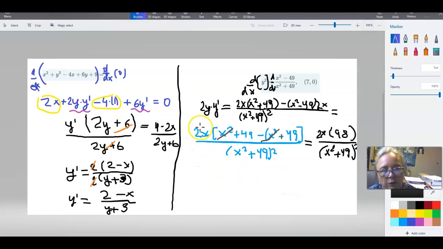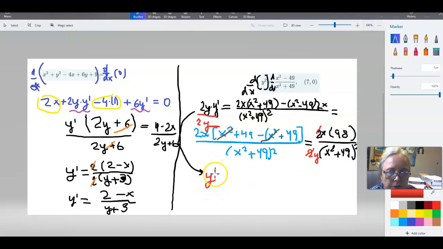Now, you can multiply 2 and 98 and get 196, or you can see that to find y prime, you have to divide both left and right side by 2y. And dividing by 2y means you multiply by 1 over 2y. So that will be cancellation of 2.